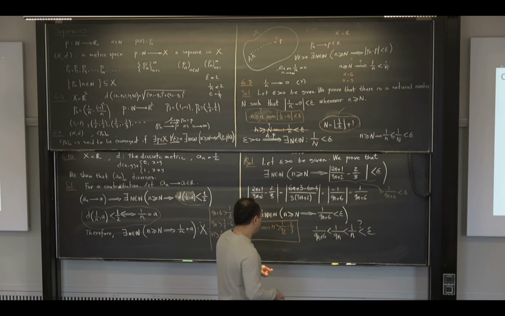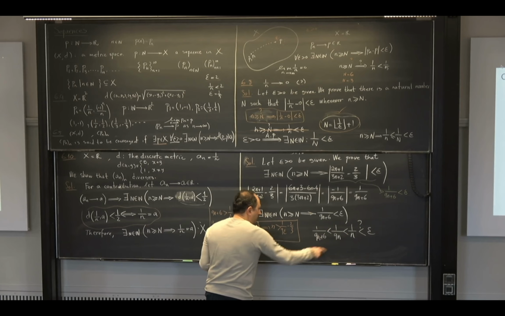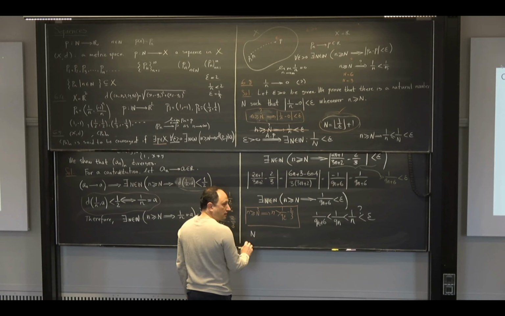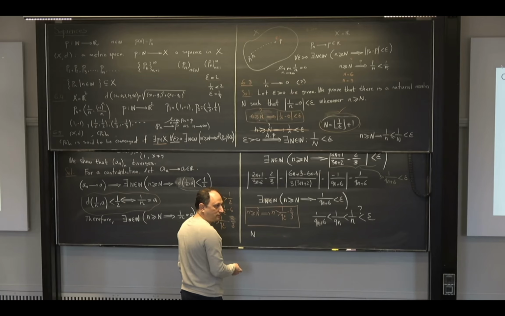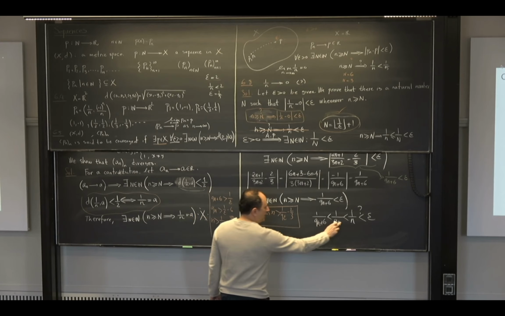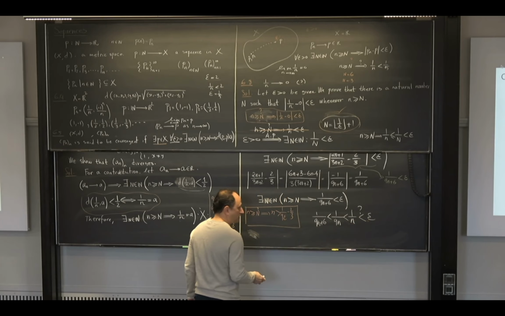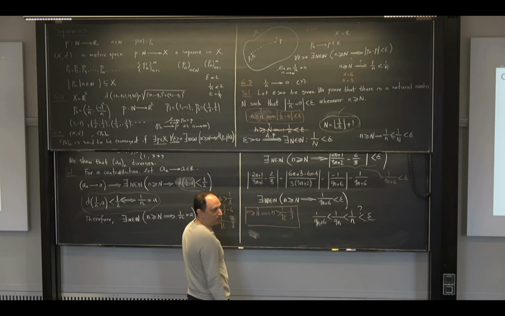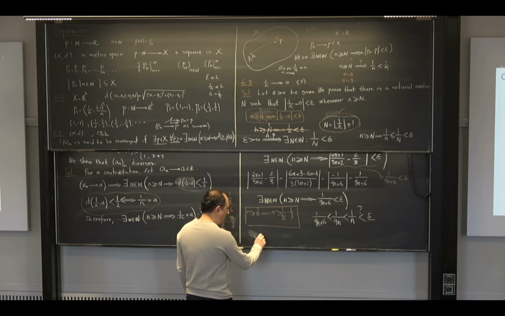So for example, can you tell me what n is by this calculation, not by this calculation? So I would say that n is a natural number greater than n, yes? So if I make 1 over n less than epsilon, I am done. But I can make 1 over n less than epsilon by the Archimedean property.